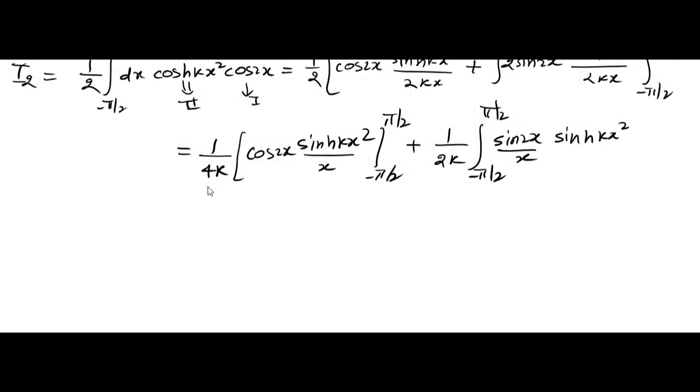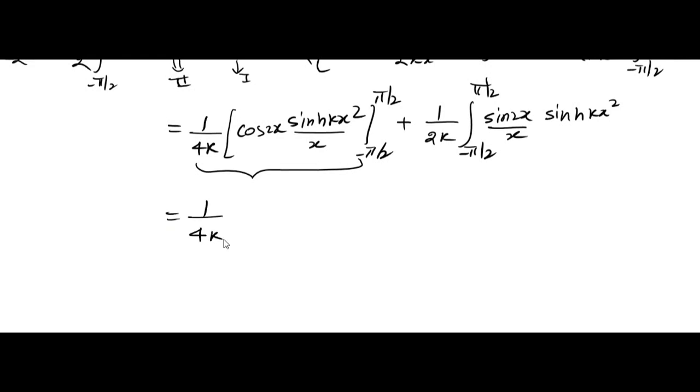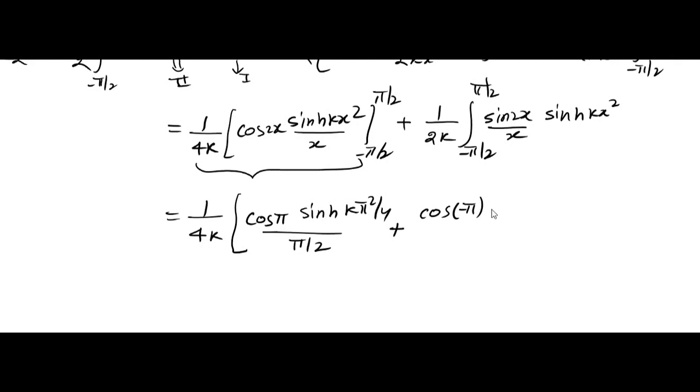So let us calculate this first, and this will be equal to 1 over 4k, and if you put the limit we will get cos pi sinh(k pi square by 4) over pi by 2, and minus minus will be plus, cos minus pi and sinh(k pi square by 4) over pi by 2.